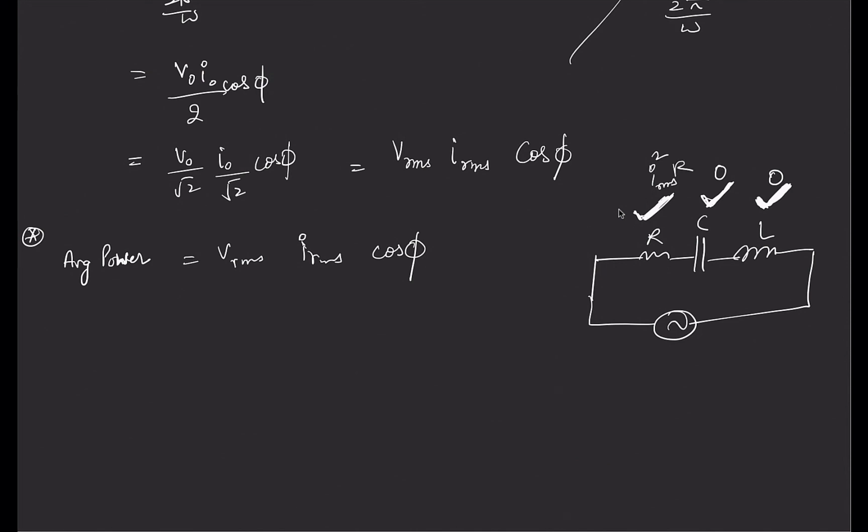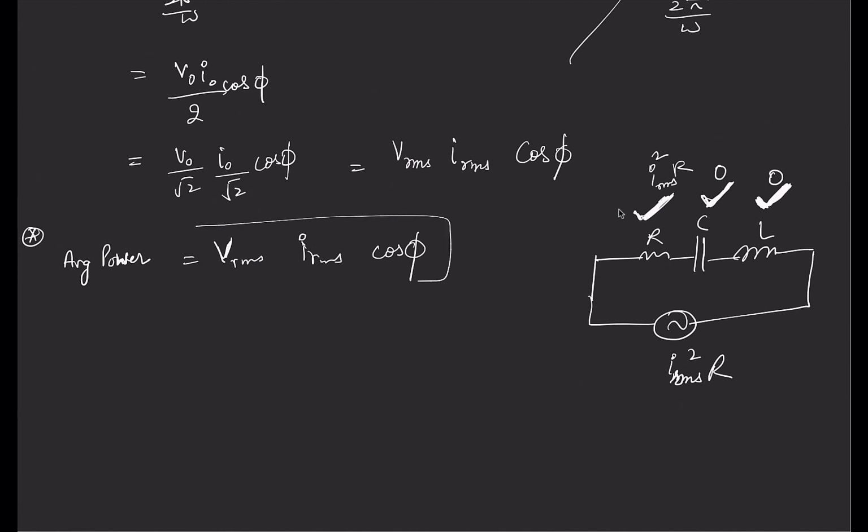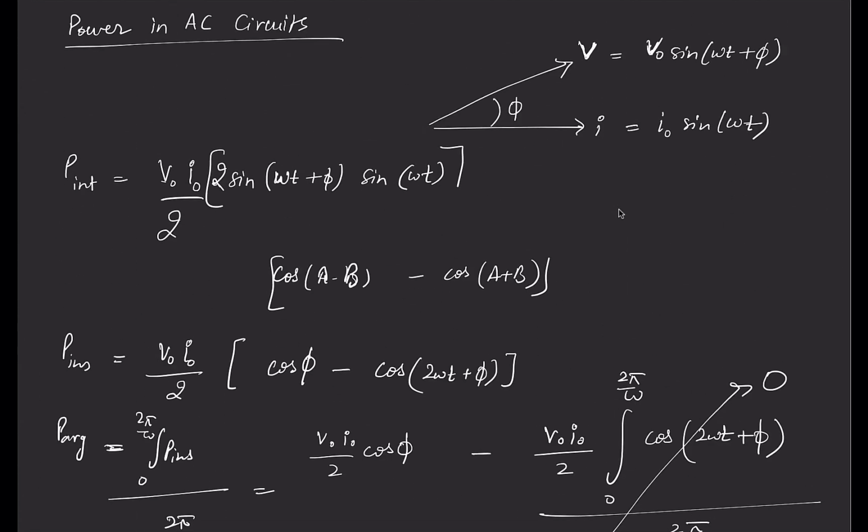So net power by law of conservation of energy should be I Rms square into R. But is this equal to I Rms square into R? Let's see. So this is in fact equal to I Rms square into R. The reason is the angle between V and I, phi, is the same thing, because I is always in the same phase with the resistance R, right?